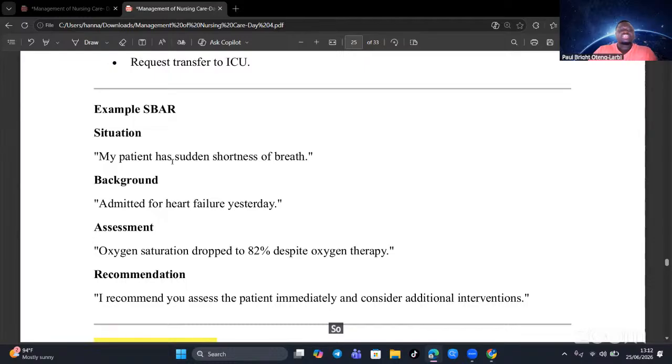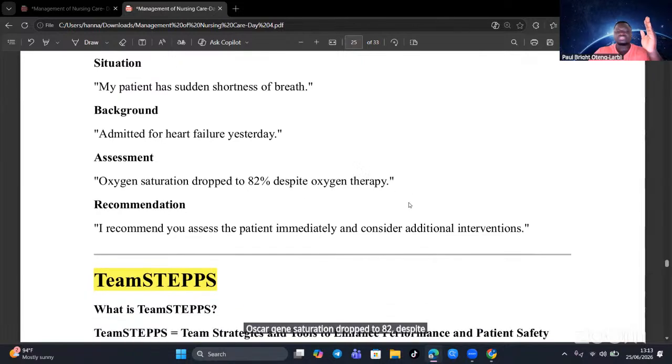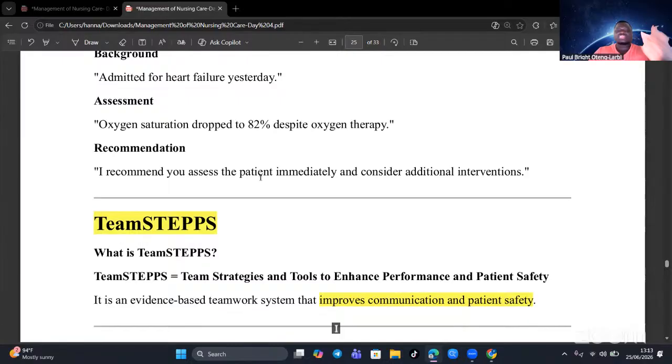My patient has sudden shortness of breath, admitted for heart failure yesterday. Oxygen saturation dropped to 82 despite oxygen therapy. I recommend you assess the patient immediately and consider additional interventions.